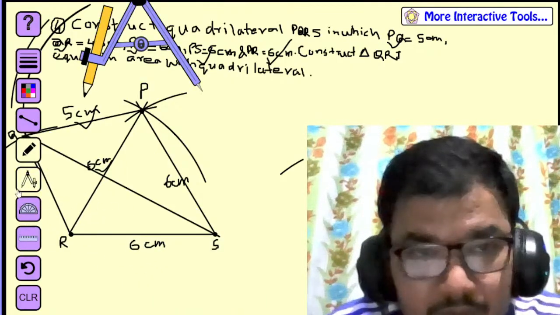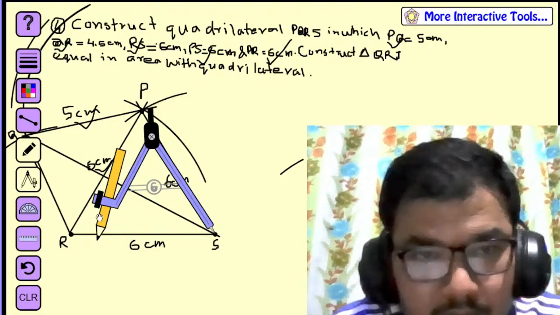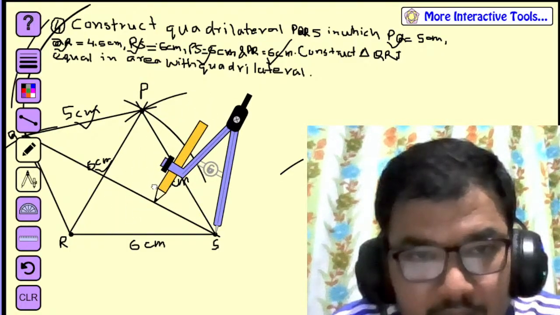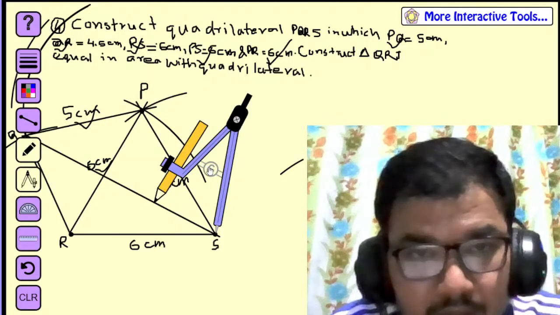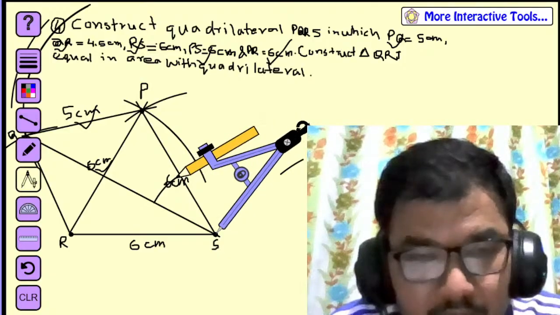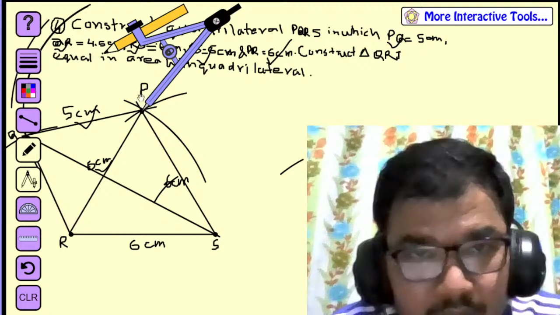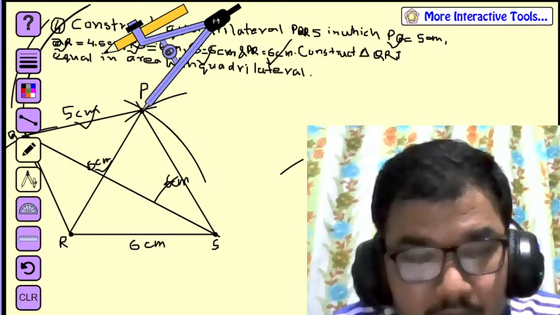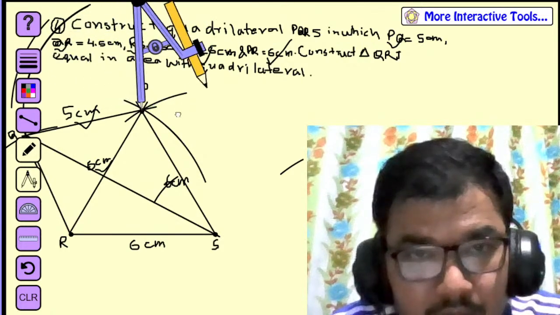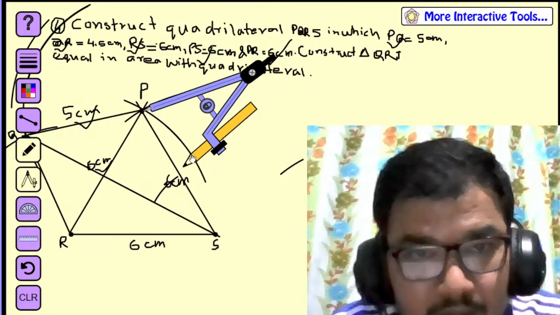Okay, what we are going to do, see, here we are taking one arc. Okay, and we are cutting this arc here, like this. See, and for the same arc we put here, and look, we cut that arc here like this.